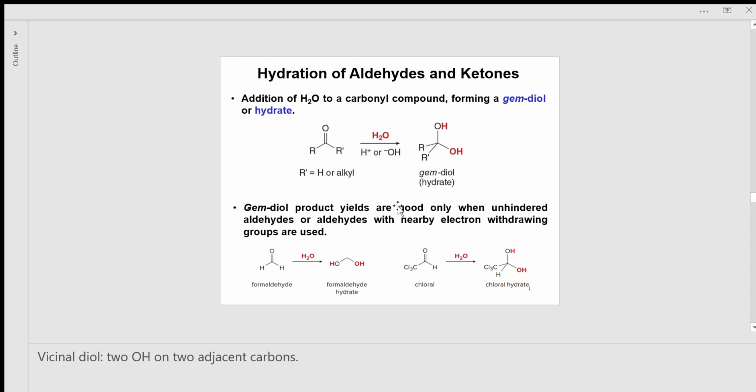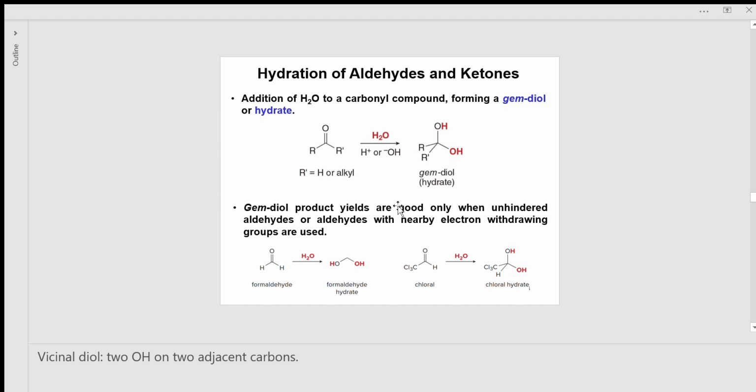So the next reaction I want to share with you is the hydration of aldehydes and ketones. Hydration, you can figure out, is basically water. Ketones and aldehydes will react with water under either acid or base conditions.